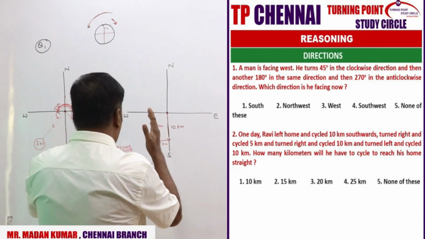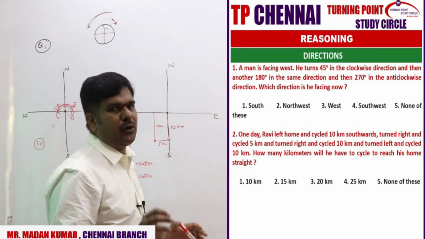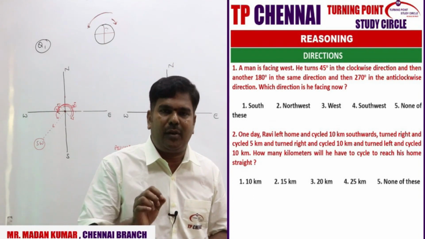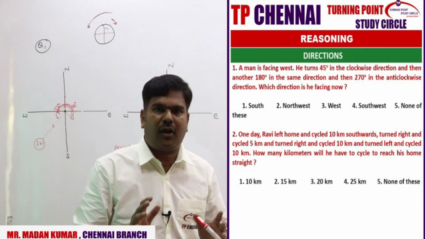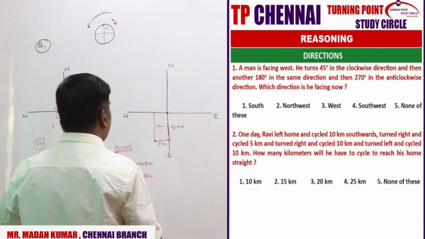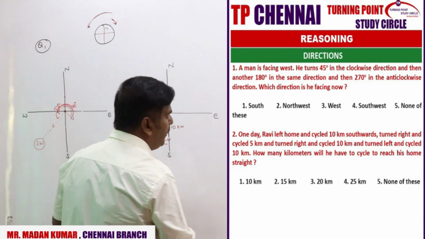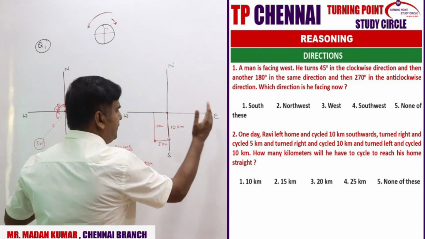By default, if nothing is specified, everybody has to assume that everybody is facing north. Then whenever everybody is facing north, this is left and this is right.